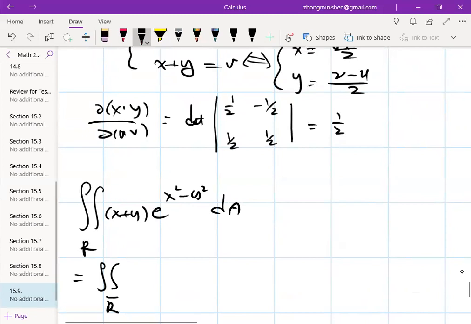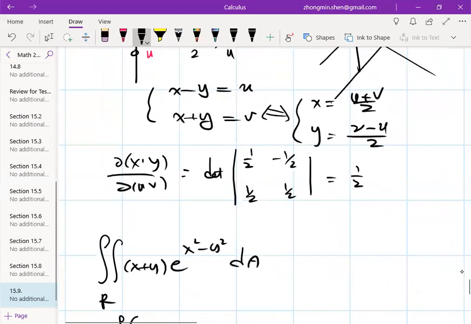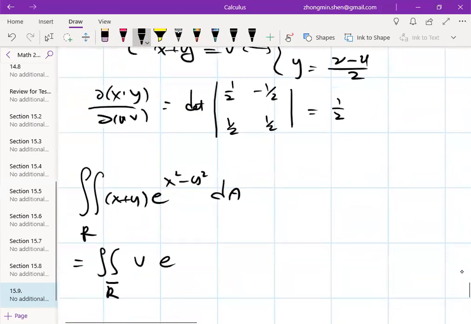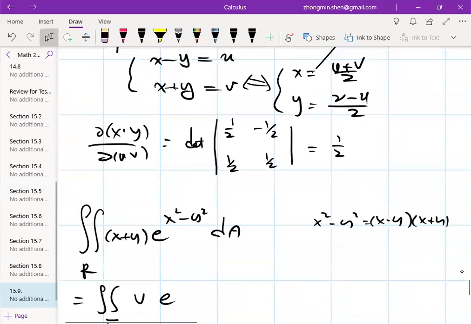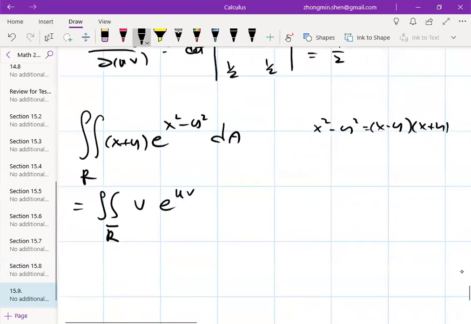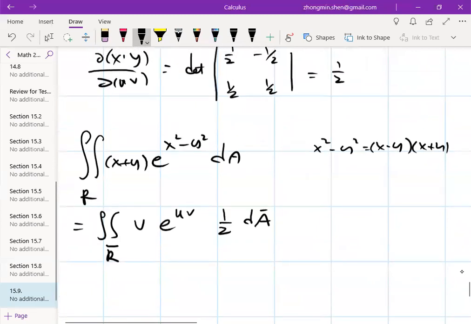I know that x plus y is simple, just v. And x squared minus y squared equals x minus y times x plus y, so x minus y is u and x plus y is v. Then you change the dA to one half of dA bar, because of the Jacobian.